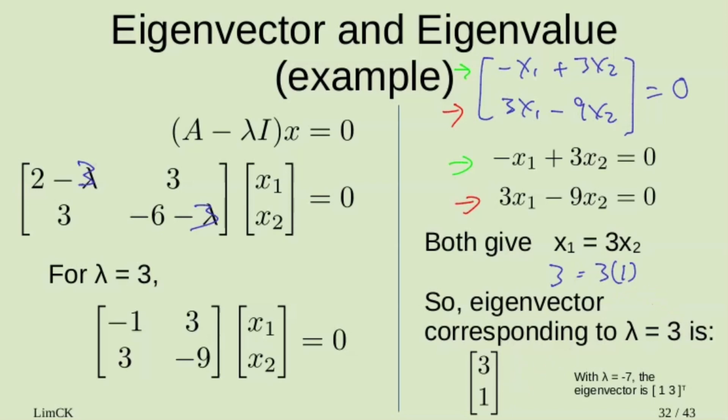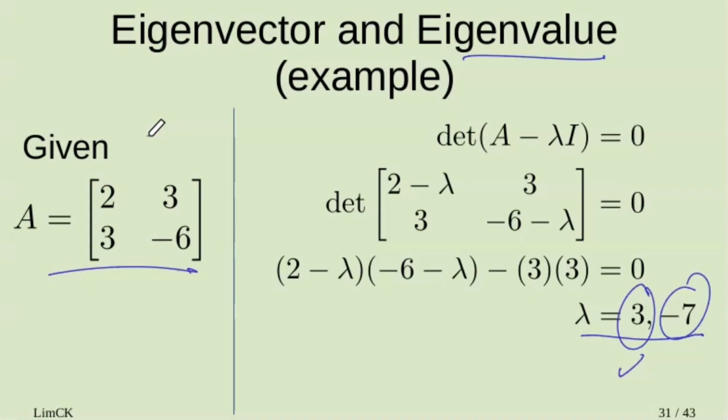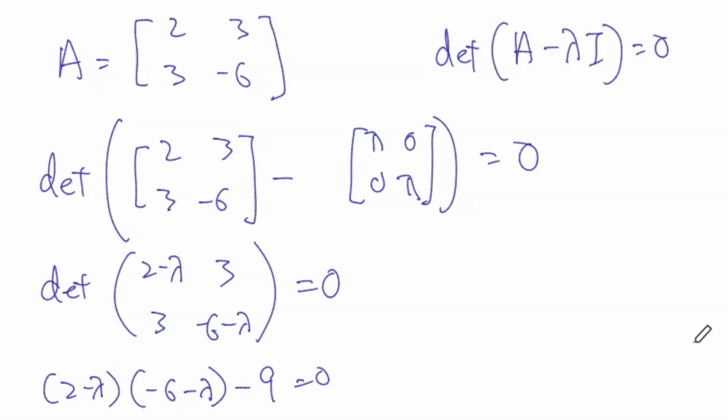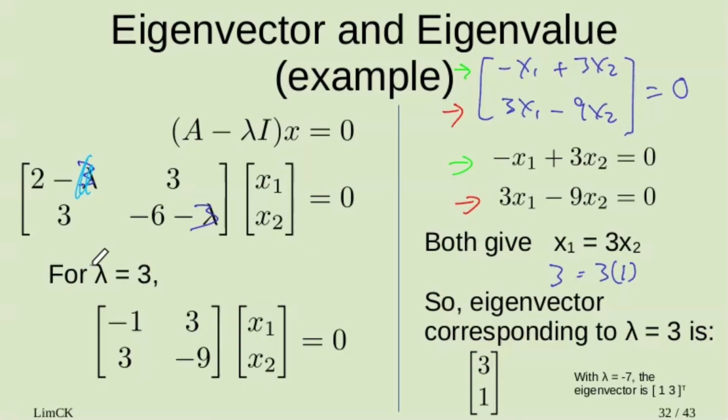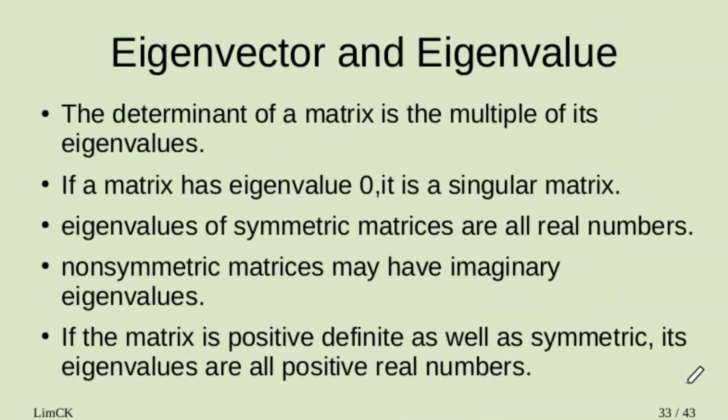Now you change lambda from 3 to -7, and you solve it. The other eigenvector is 1, 3. For lambda 3, the eigenvector is 3, 1. For lambda -7, the eigenvector is 1, 3. So this is how to find the eigenvector and eigenvalue.